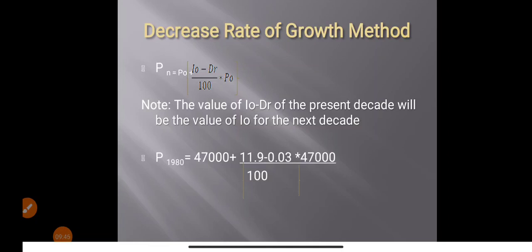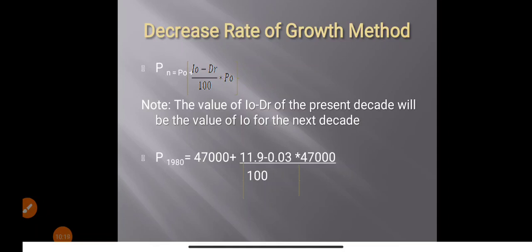In that 1970, the population is 47,000, plus, within the bracket, I naught minus dr divided by 100 into P naught. So this is the formula which is given. P naught is the last decade population that we have to substitute.